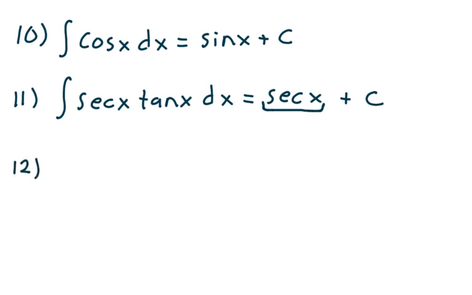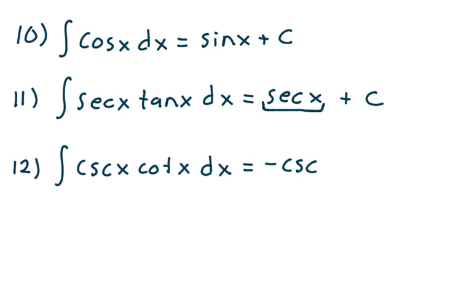Number 12, the integral of cosecant x cotangent x dx is negative cosecant x plus c.